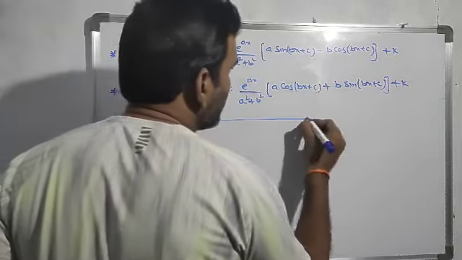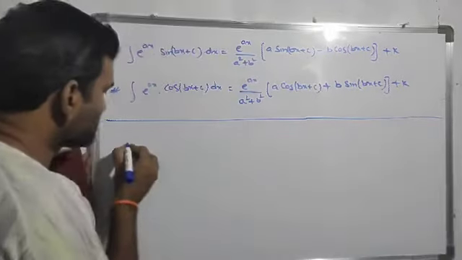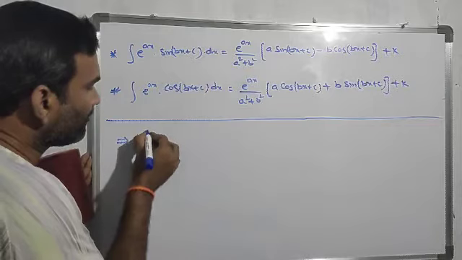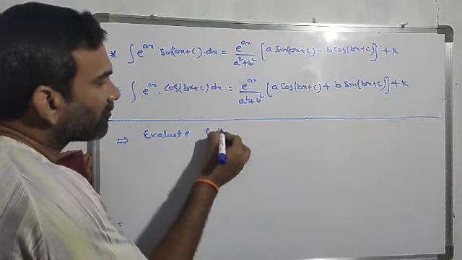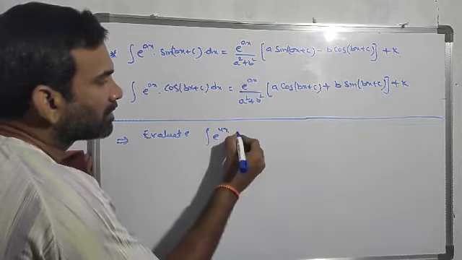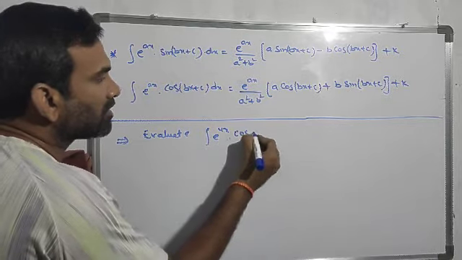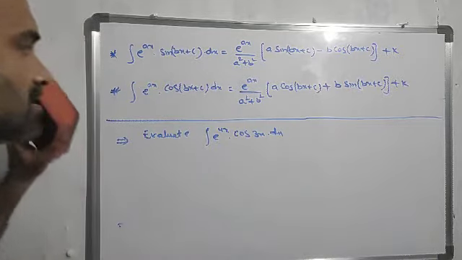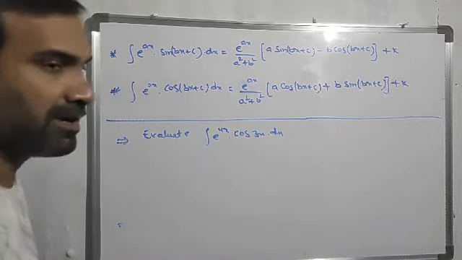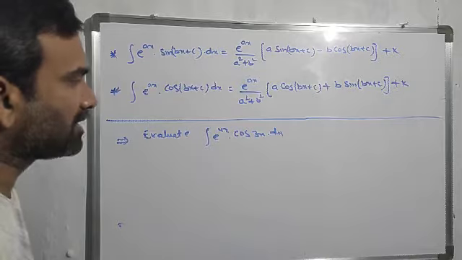I can take one application also. Evaluate the integral of e to the power of 4x into cos of 3x into dx. Suppose this type of problem is given, e power 4x into cos of 3x.